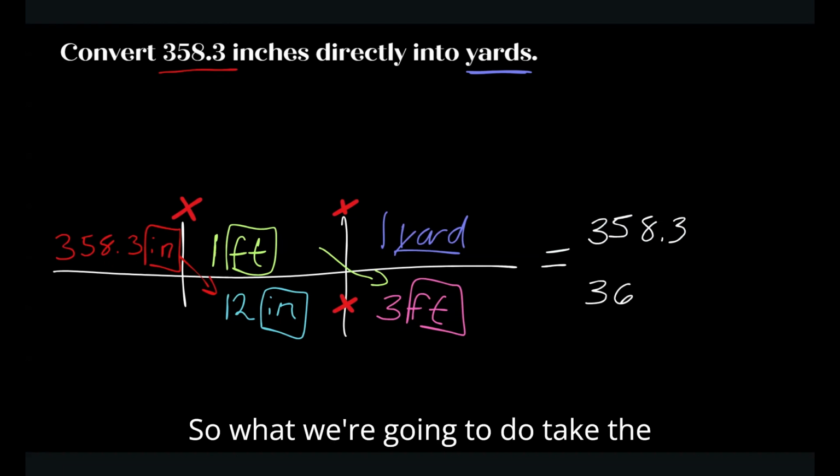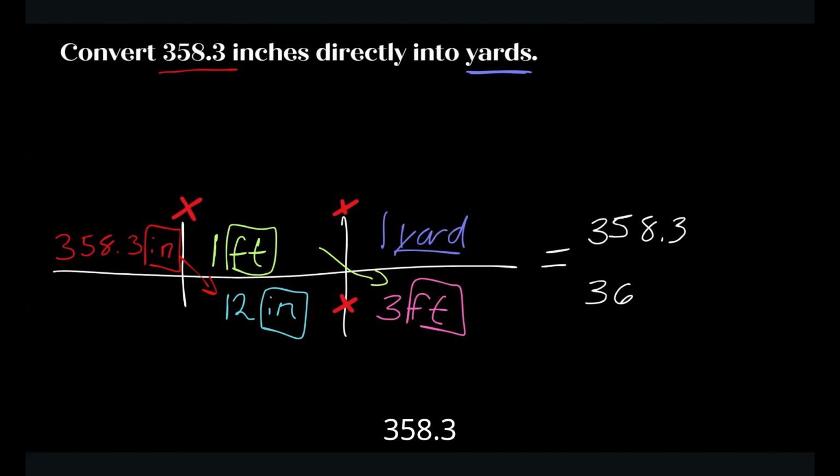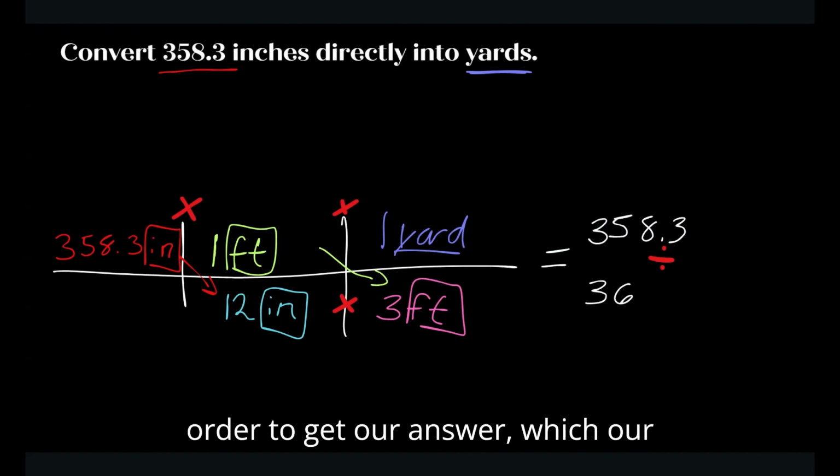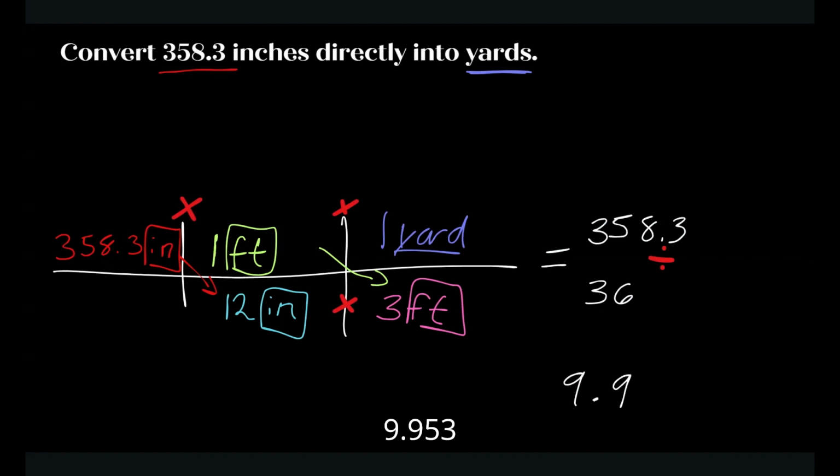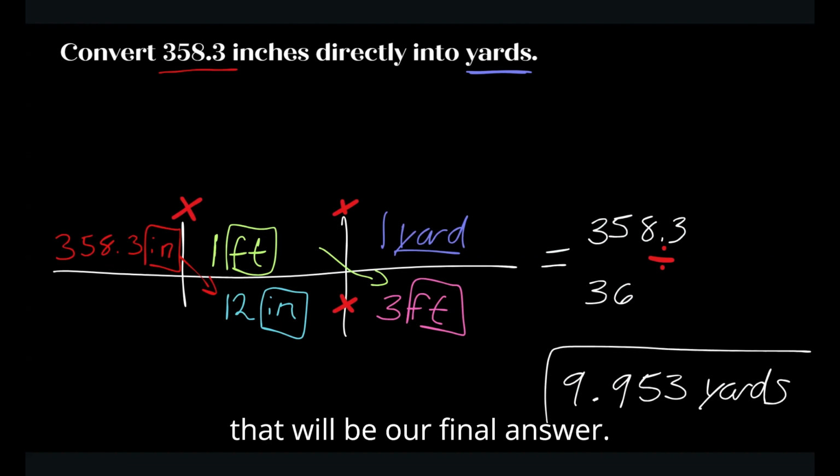So what we're going to do, take the 358.3, divide it by our 36, in order to get our answer, which is going to be 9.953 yards. And that will be our final answer.